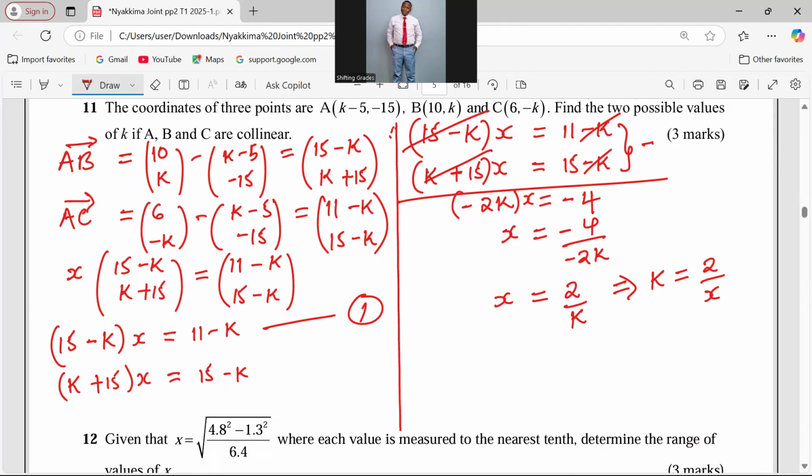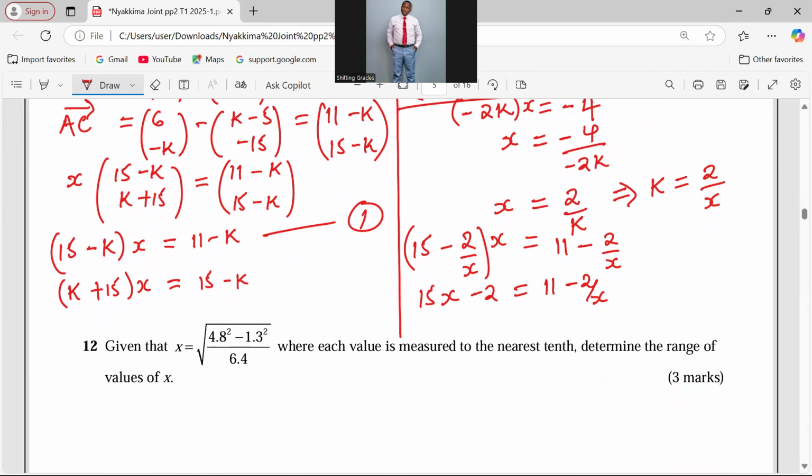We have 15 minus 2 over x, multiplied by x, equals 11 minus 2 over x. When I open the bracket, 15x minus 2 equals 11 minus 2 over x.